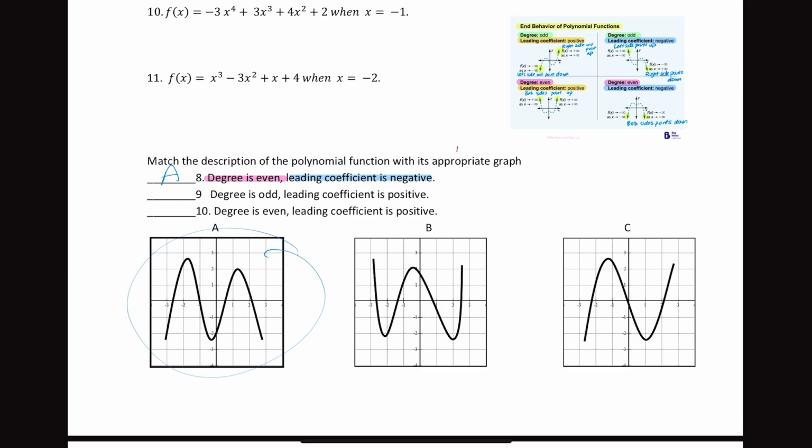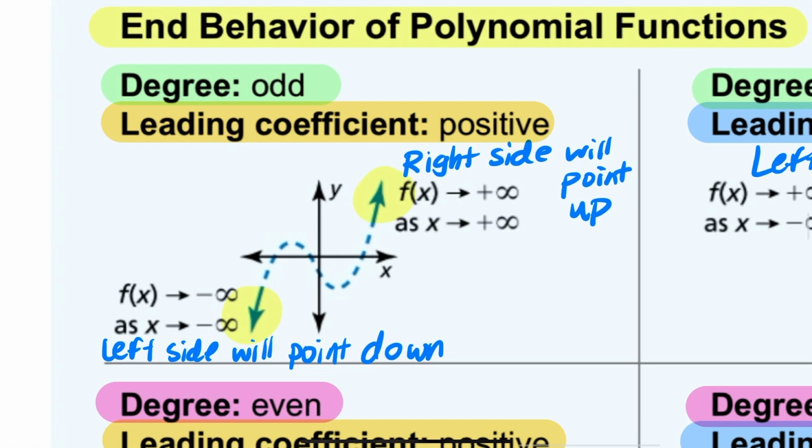Next, we have degree is odd and the leading coefficient is positive. Okay. Degree odd with leading coefficient positive. We're looking at this situation here. That means that on the left side of the graph, it's going to point down, and on the right side of the graph, it's going to point up.